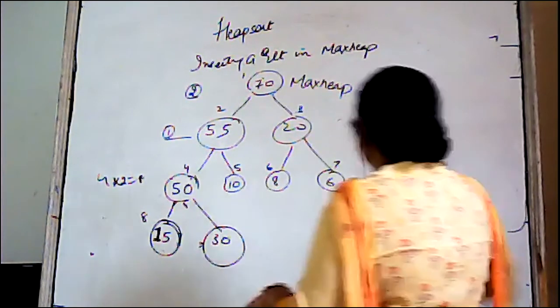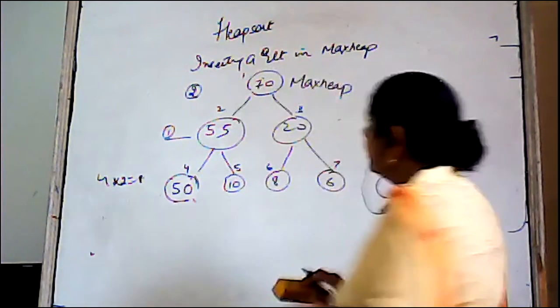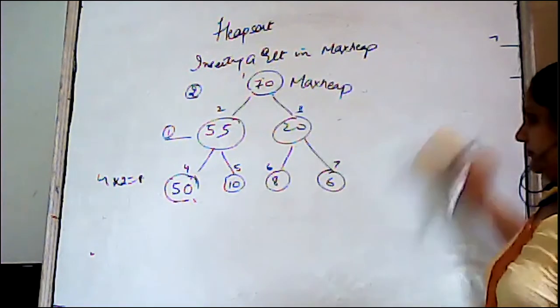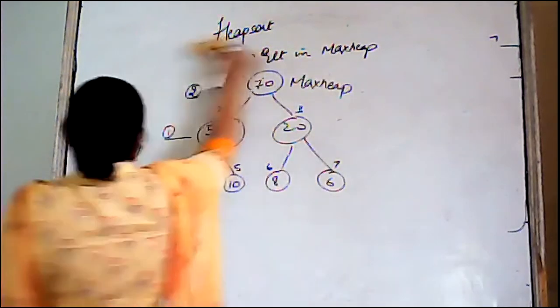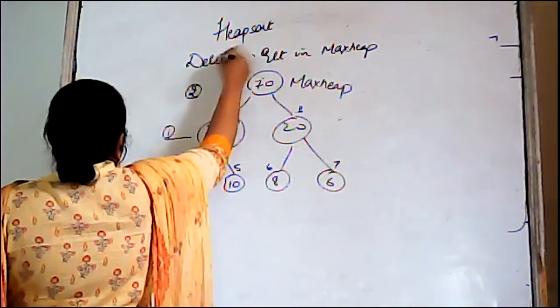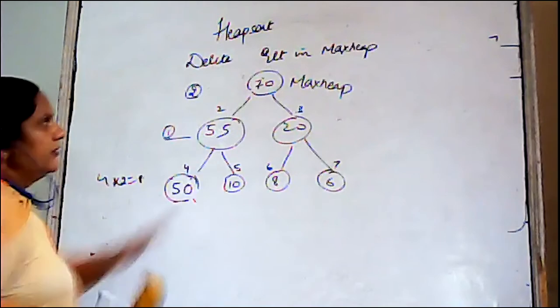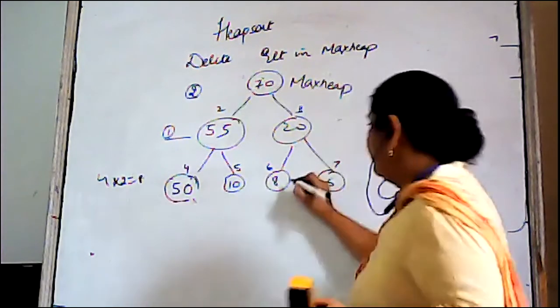Okay. Now let's do the deletion part. Suppose this is a tree which is given to us. Now how to delete the element? How to delete an element in the max heap?